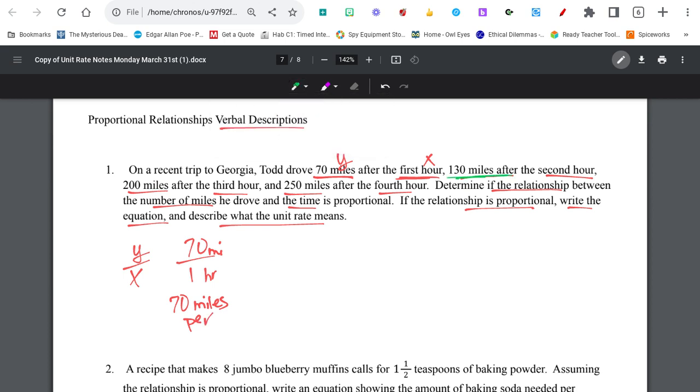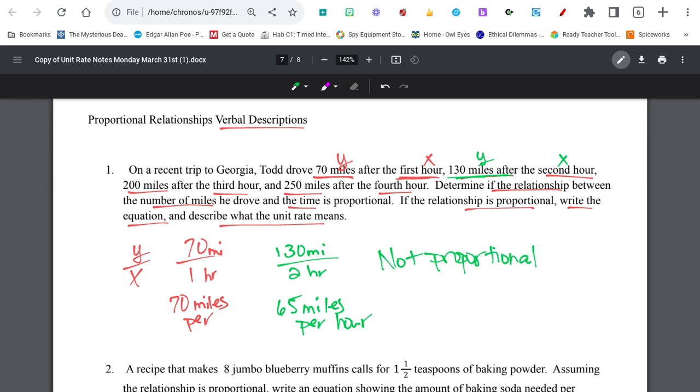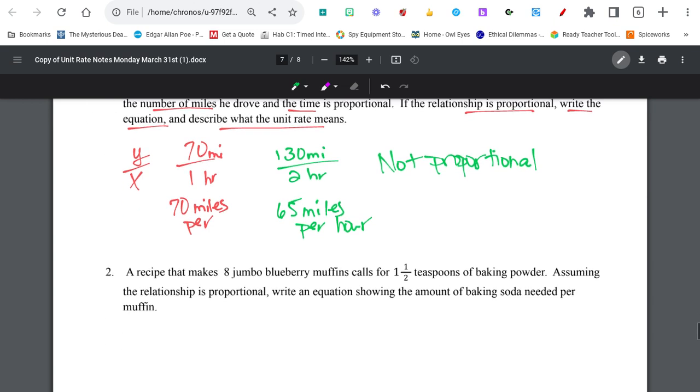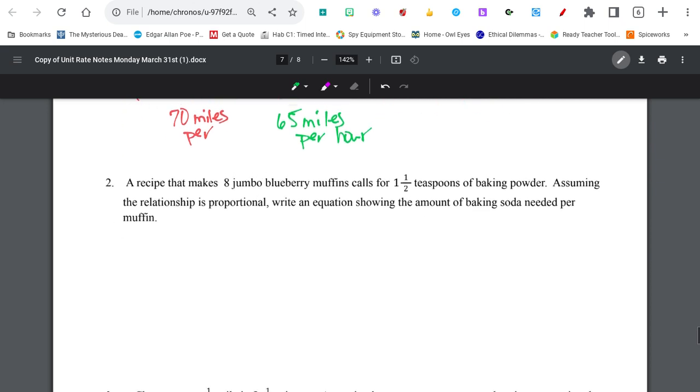So I'm going to do 130 miles, that's my y, divided by my x of 2 hours. That's only going to be 65. This is definitely not proportional because the rate did not stay the same. Okay, so I'm not going to write an equation for it.